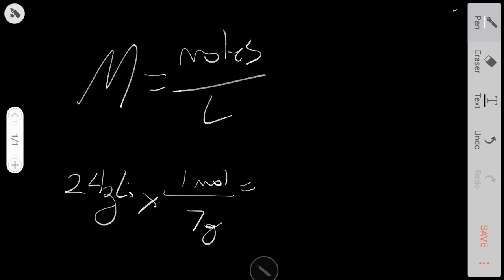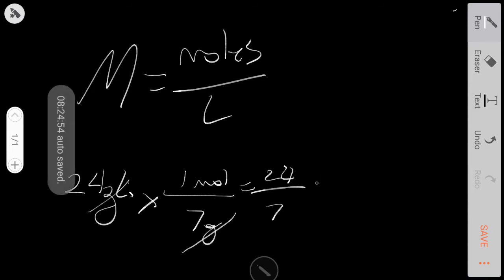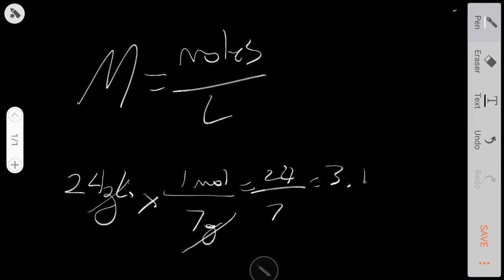Okay, back to work. We're on number 15. 24 grams. So 24 divided by 7. Grams cancel out. Calculating for moles here. How many moles do I have? 3.43. I have 3.43 moles. And it says I have 4 liters.